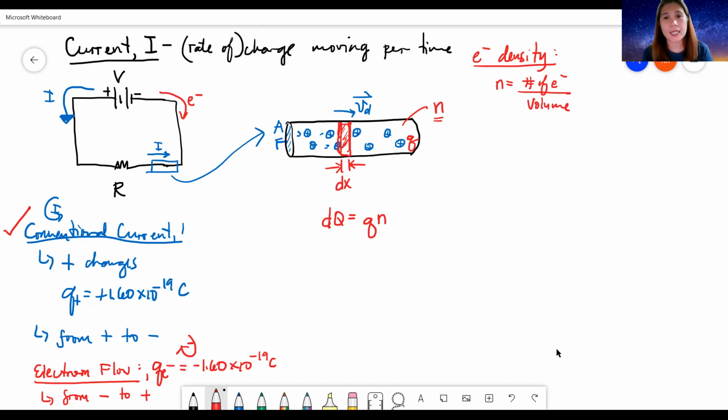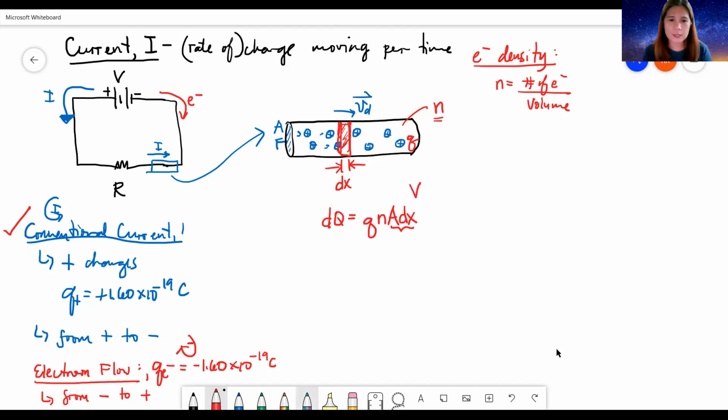Is it copper or aluminum? It has a certain value of N. And then we multiply it with the volume, which is just given by the cross-section area of the wire times the short distance here. So area times length will give us volume.